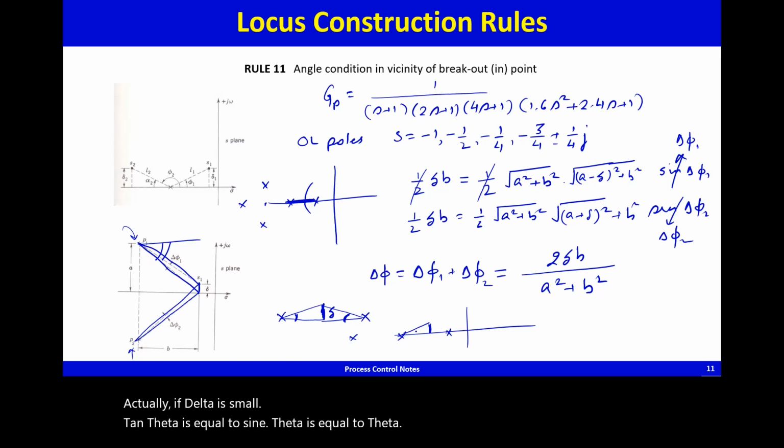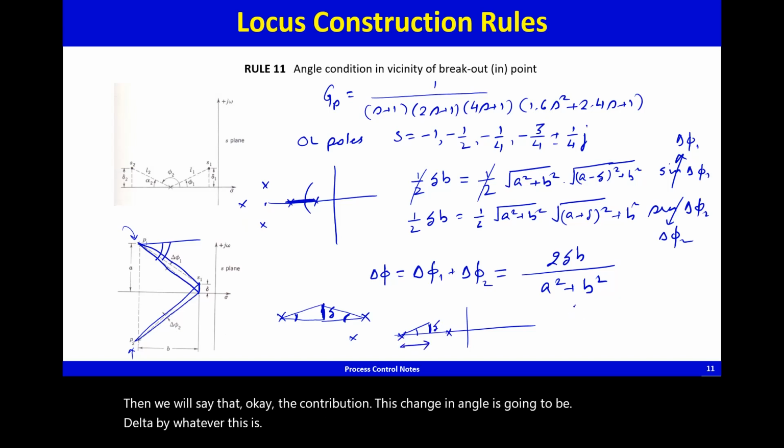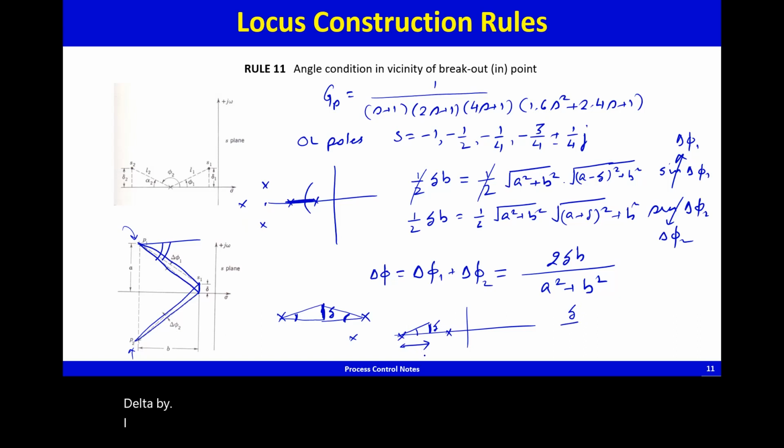So the change in angle is going to be delta by, I will call this base b1 from pole 1. This contribution is positive because it's going anti-clockwise.